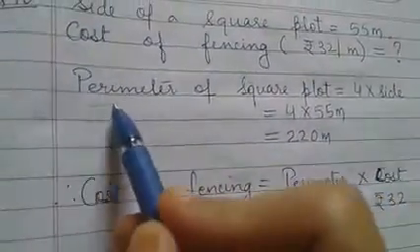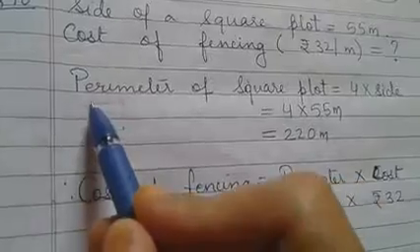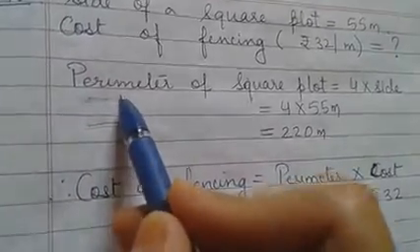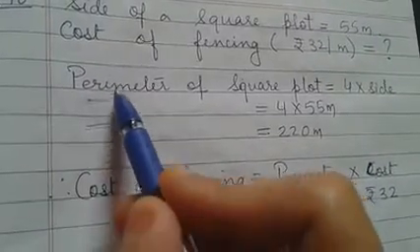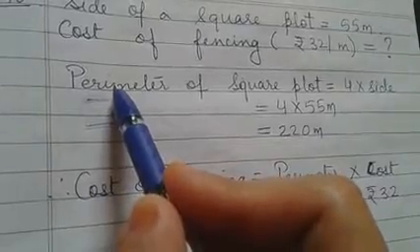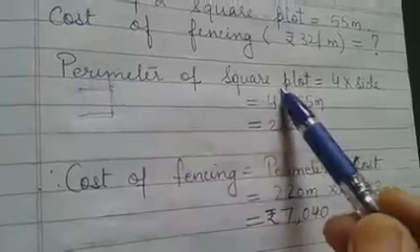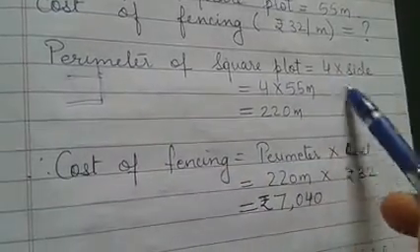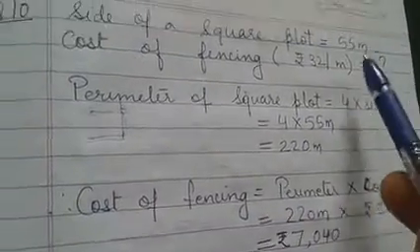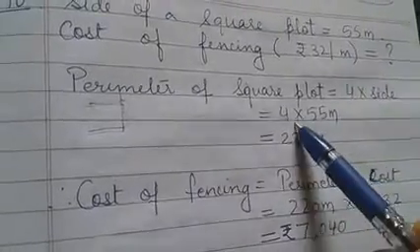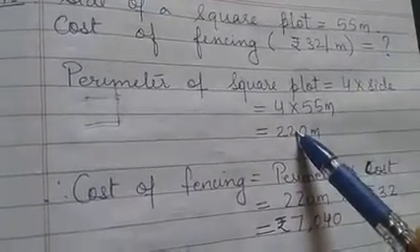Why? Because suppose this is your square plot. I'll start putting wire from here, here, here and here. It means I need the perimeter, which is 4 into side. This is the formula. The side given is 55 meters. So 4 into 55 meters equals 220 meters.